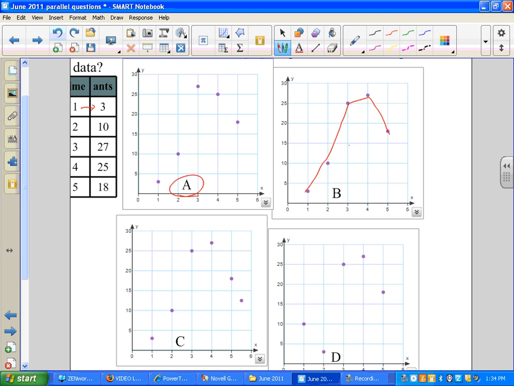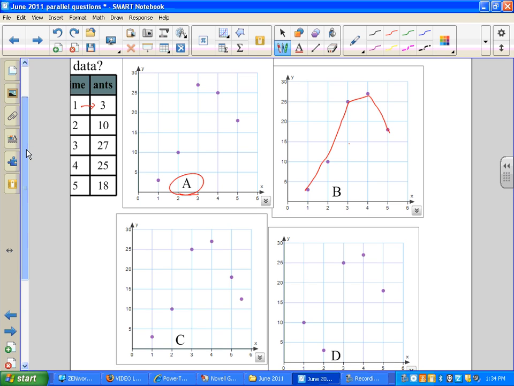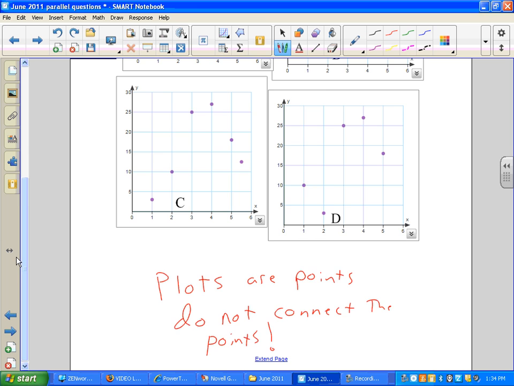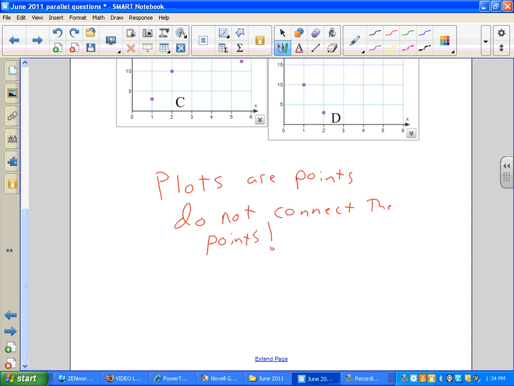With the right answer, the points were not connected. Write down, plots are points. Do not connect the points. Write it down. Plots are just points. Do not connect the points. Hit pause if you have to continue to write it down.